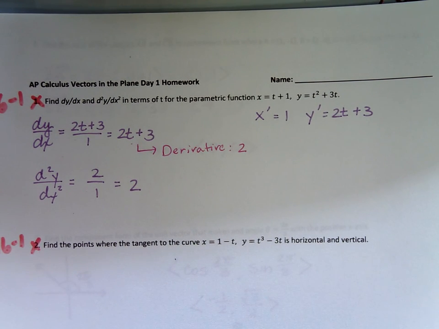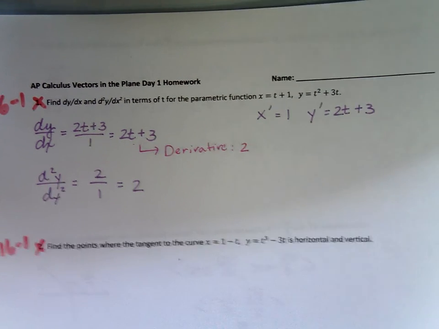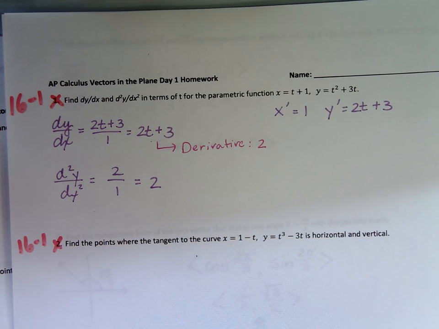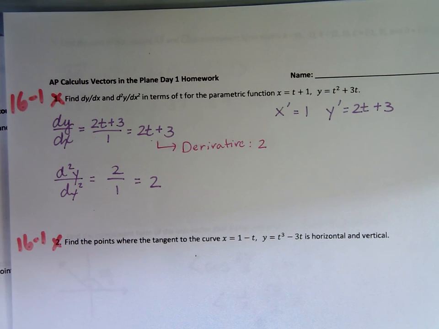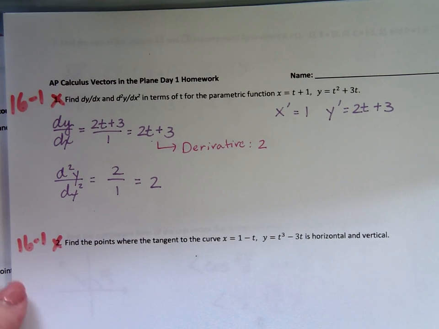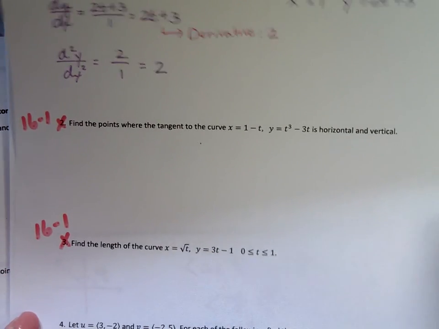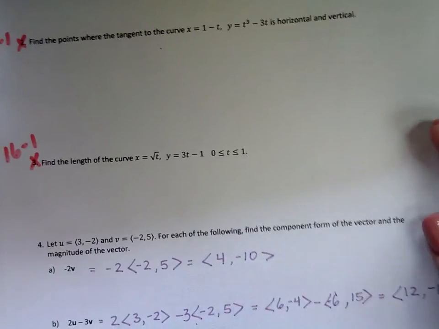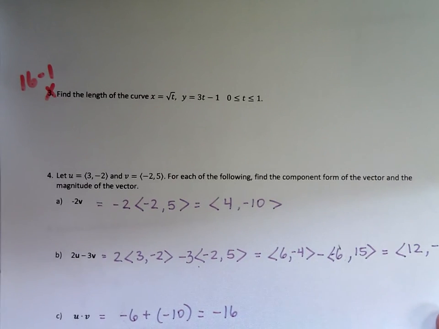So let me show you what I'm talking about here. Number 1 I started to do, but then I realized it was from section 16.1. I was like, we don't need to do that. So same with number 2 and same with number 3. They're all from section 16.1. But then number 4 you can do. This was calculating vectors, simplifying them. So that one's okay.